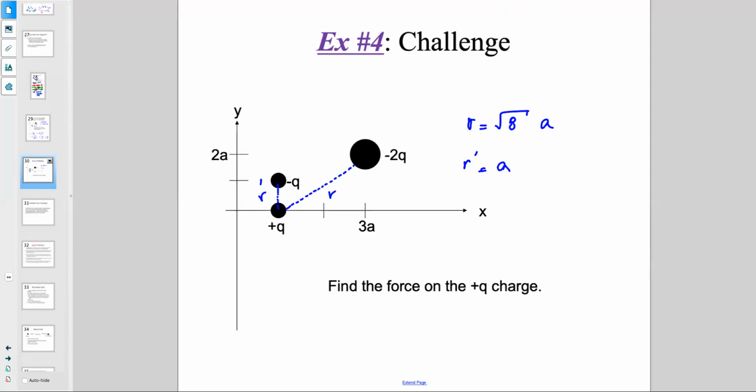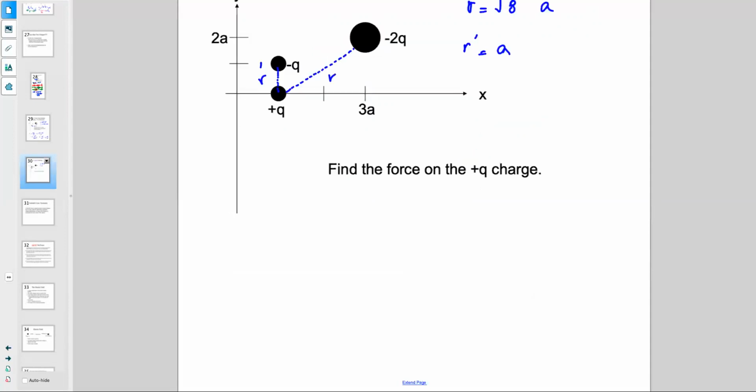Now let's talk about the direction of these forces. You have a positive and a negative, so they will attract. Let's call this F. And you have a positive and a negative, and they will attract, and let's call this F prime. Okay. So you know how to find F, and you know how to find F prime.